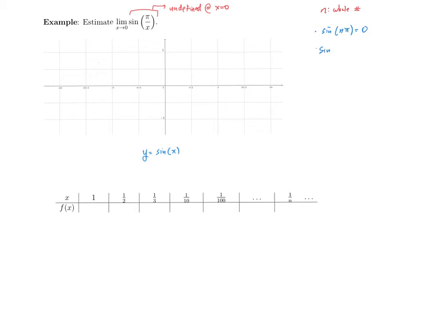And similarly, you know that sine of pi over 2 is 1. But you also most likely recall that the trig functions are periodic with period 2 pi. So sine of pi over 2 plus 2n pi will be equal to 1, where n is any whole number.